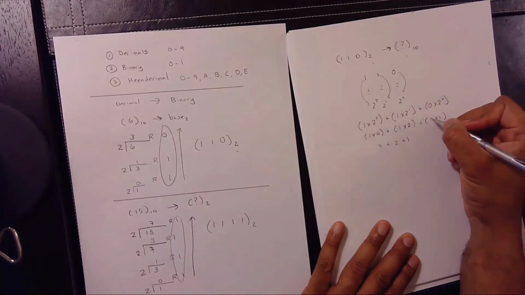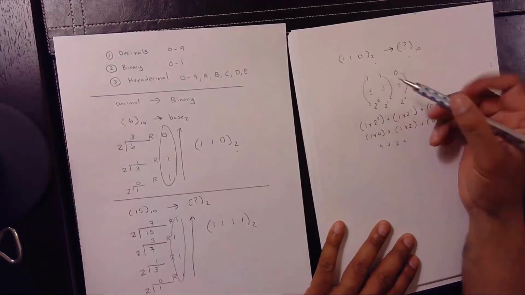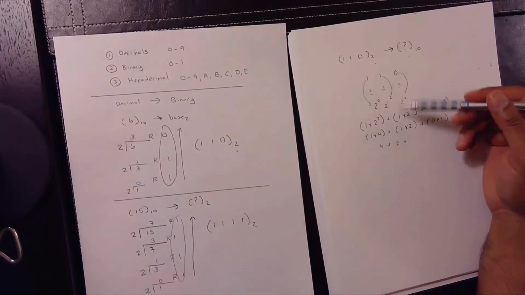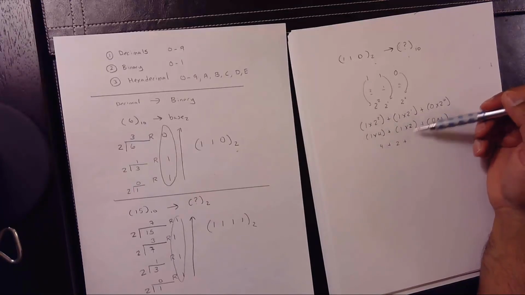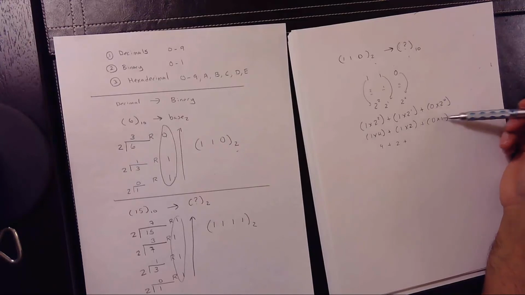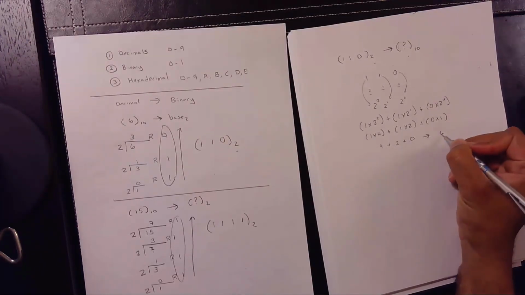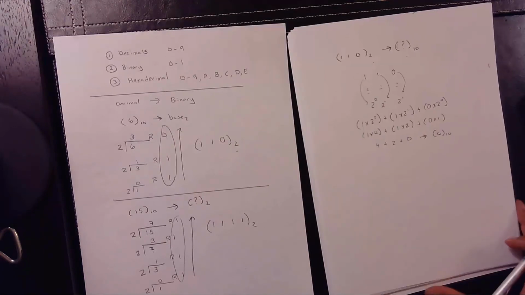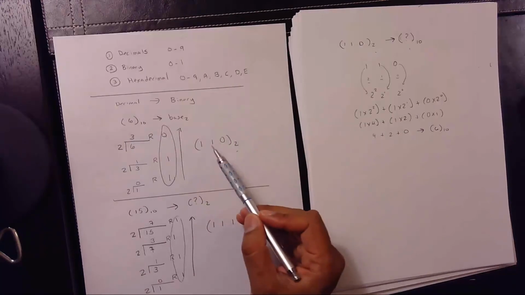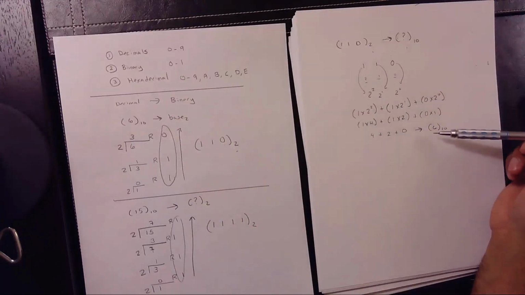This is a 0. Okay, that makes sense. I apologize for that. So we have 1 times 2 squared, which is 4. 1 times 2 to the first is 2. Then we have 0 times 2 to the 0, which is 0 times 1 is 0. That gives us 6 base 10. So 110 base 2 gives us 6 base 10.